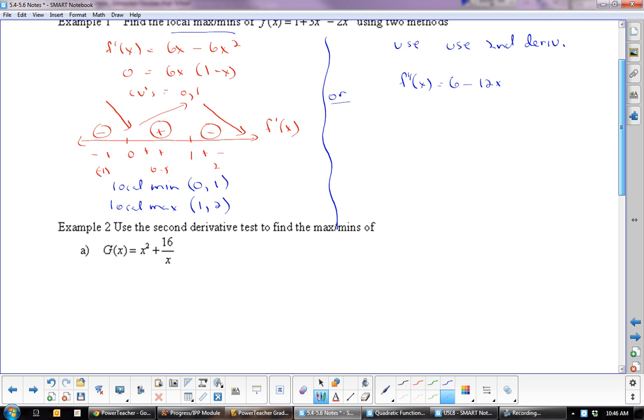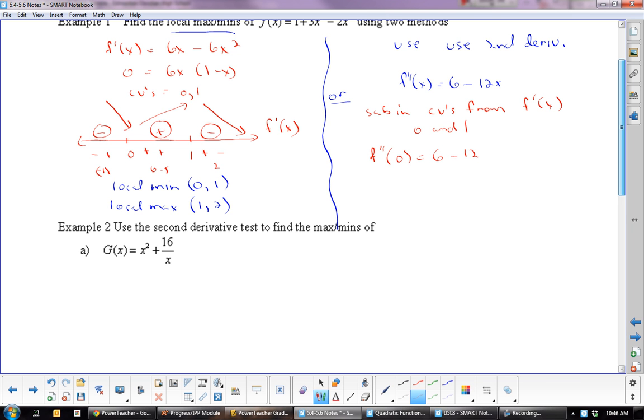So now all you have to do is sub in the CVs from the first derivative. Okay, in our case they were 0 and 1. So f double prime of 0 equals 6 minus 12.